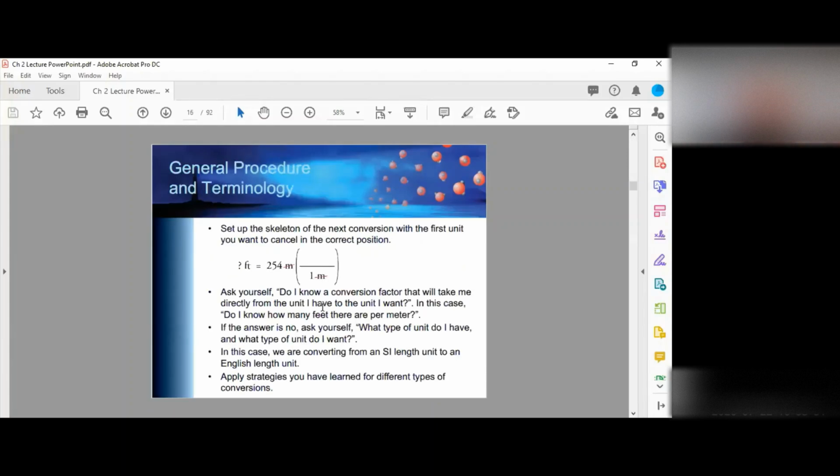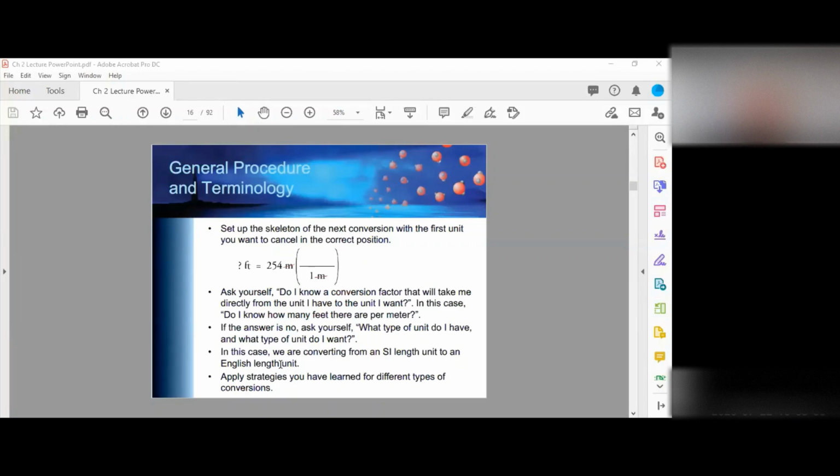So starting with what's given to me in the question, which is 254 meter, I need to cancel out the meter. That means I have to think of a conversion factor that will cancel out the meter and set up the appropriate unit that I should relate the meter to, which is centimeter. How come? Because the centimeter is the one that's going to take me to the inch right after.